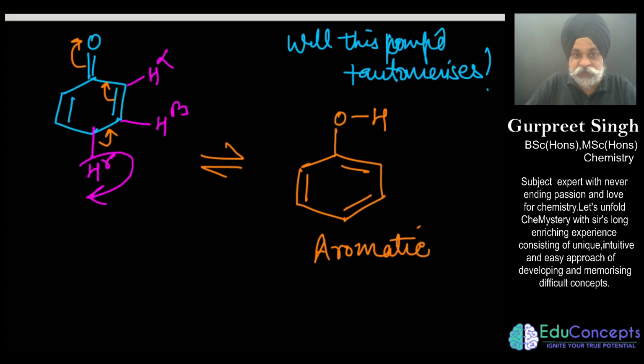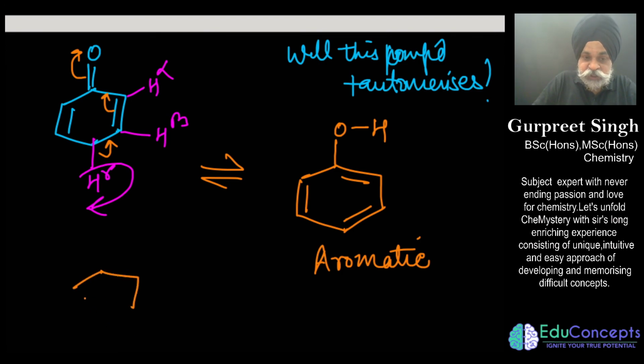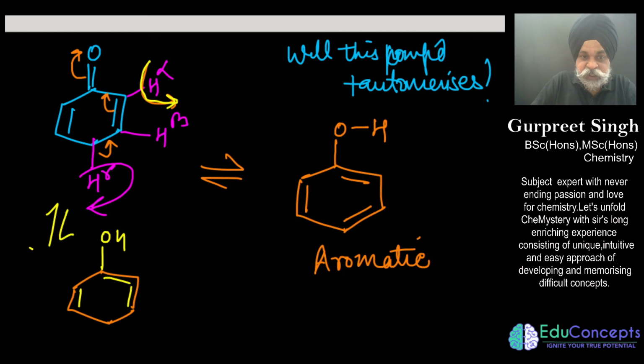Now another thing to think of: if I remove this one, what would be the case? Then this sort of structure is produced, and this is highly unstable because this carbon has become sp, and to get the linearity, this bond would break.